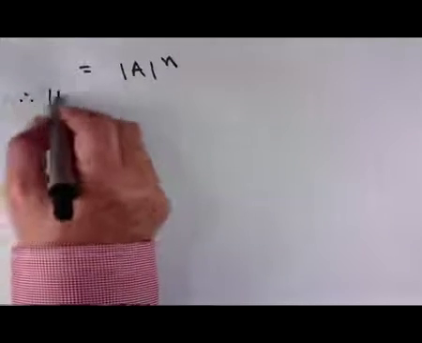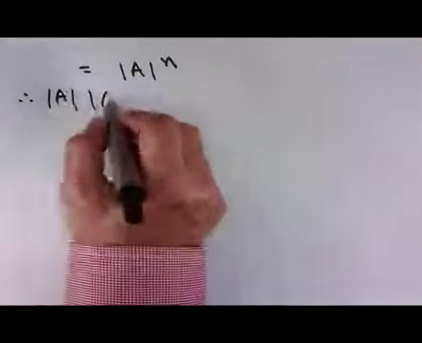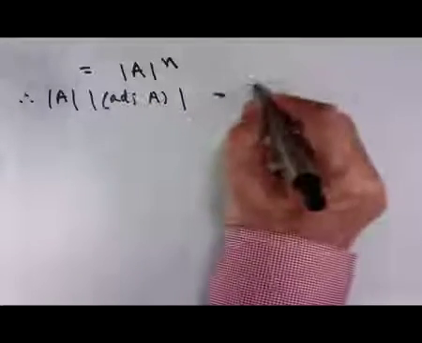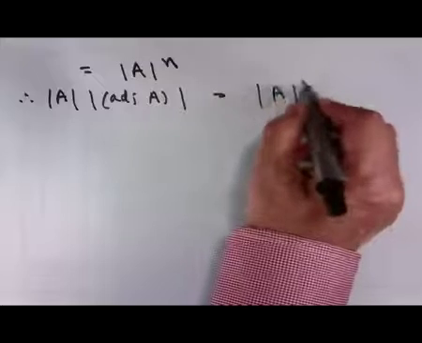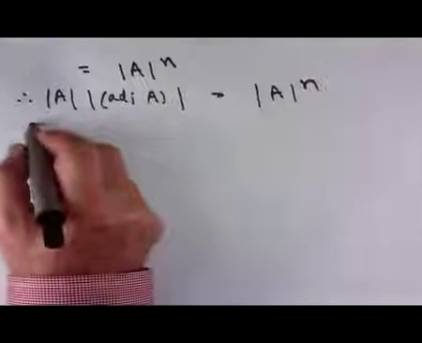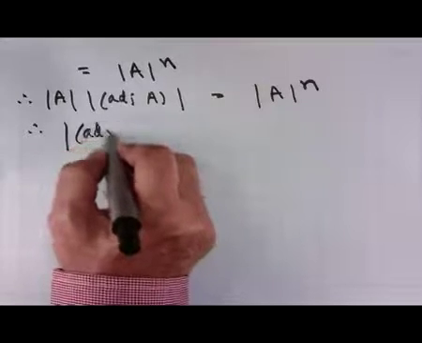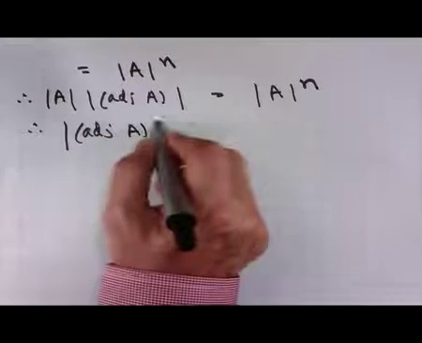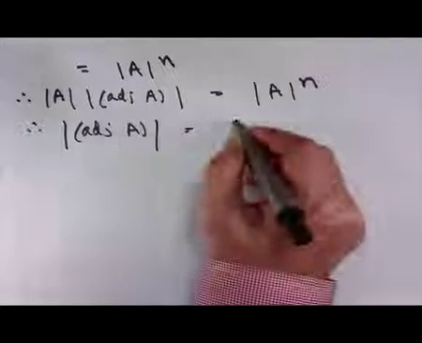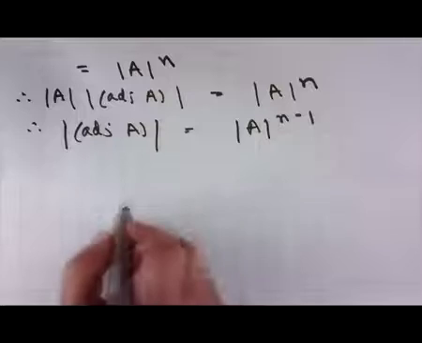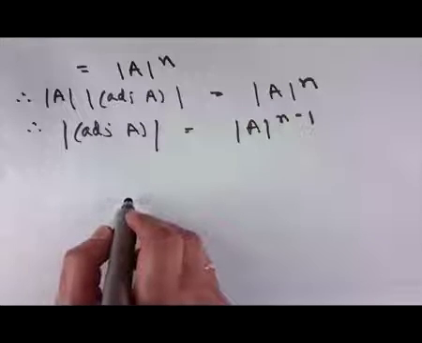Therefore, determinant of A into determinant of adjoint of A is equal to determinant of A to the power n. Therefore, determinant of adjoint of A is equal to determinant of A whole to the power n minus 1.